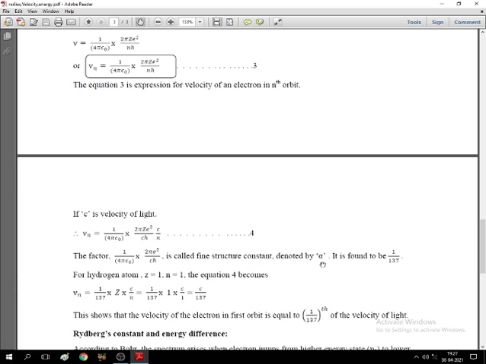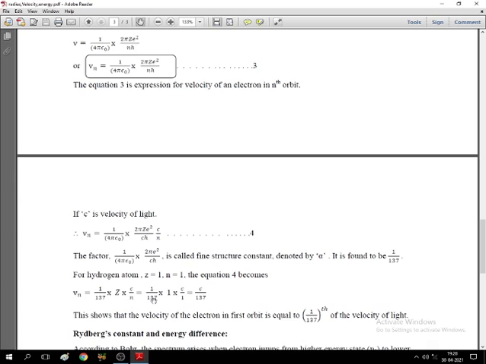It is denoted by alpha and its value is found to be 1 upon 137. For hydrogen atom z is equal to 1 and the electron is moving in the first orbit, therefore n is equal to 1. This equation 1 can be written as Vn is equal to 1 upon 137 into z, z as it was, c upon n.